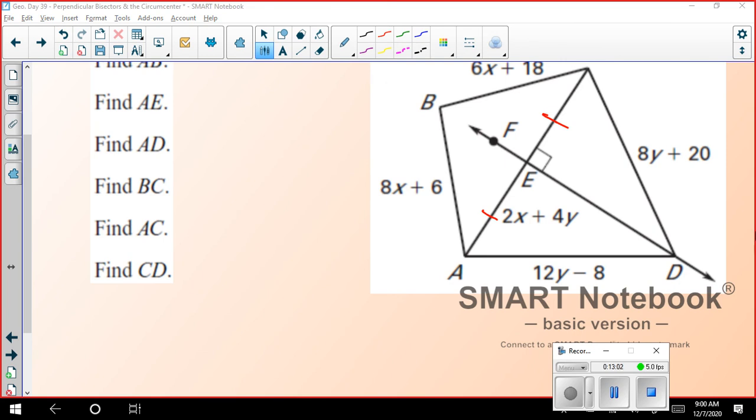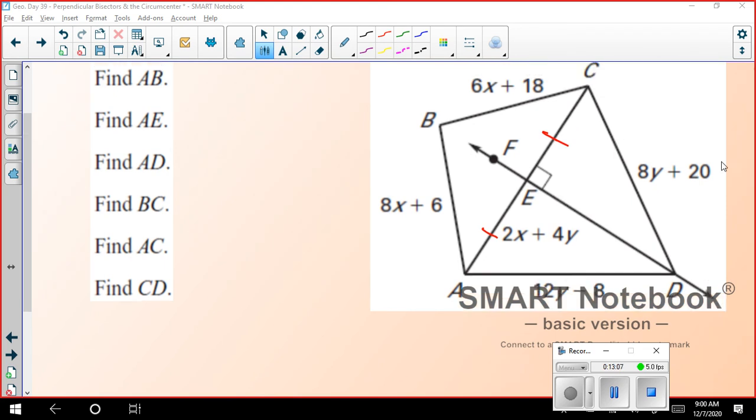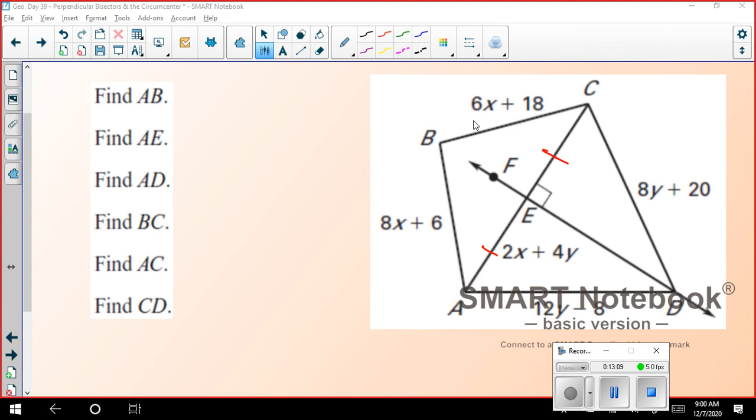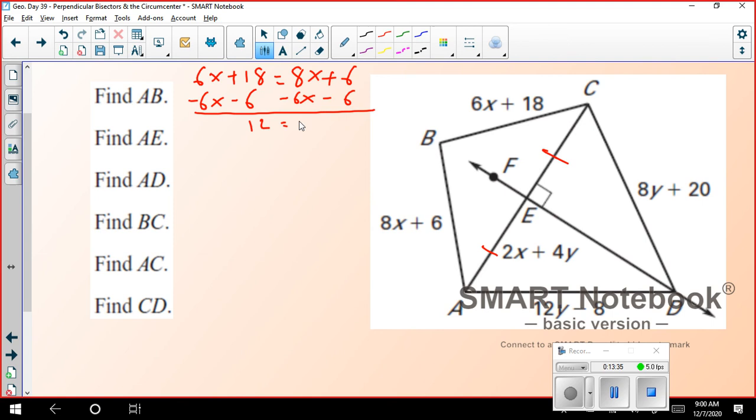As the majority of you suggested, you got your answers right. To find the value of AB first, you have to equate AB equals BC. You equated 6x plus 18 equals 8x plus 6. Then subtracting 6x and 6 from both sides, you will have 12 equals 2x.